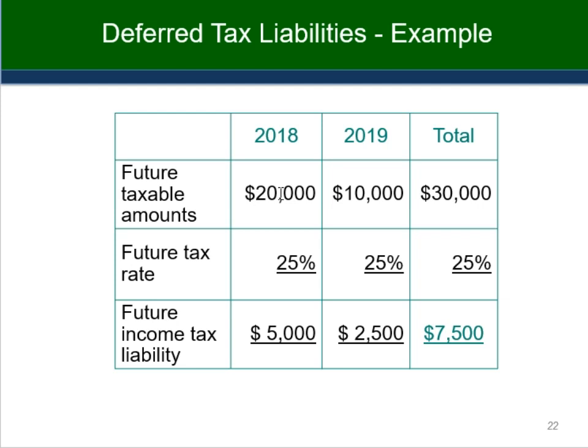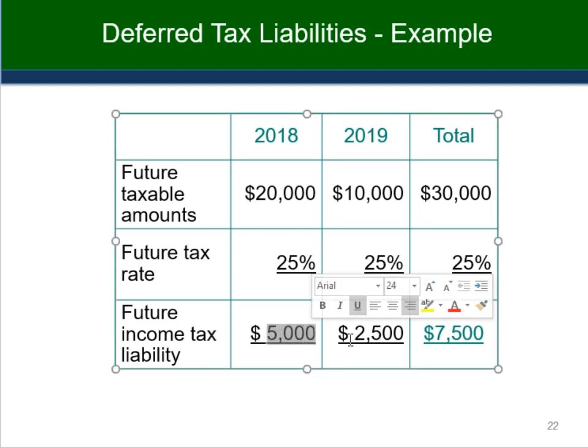So that means that we increase our taxable income, but we've already recognized it for accounting income, so it doesn't affect the accounting income. So we reduce our future income tax liability in 2018 by the 5,000. And then in 2019, the reversal of the rest, the other 10,000, is recorded. So that results in the reversal of the last 2,500 of future income tax liabilities.